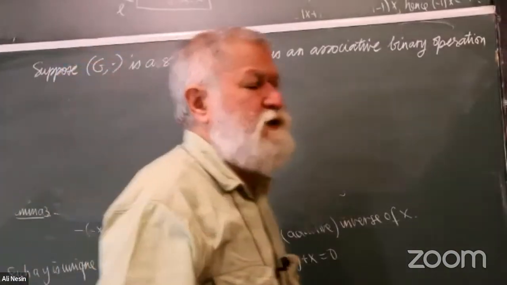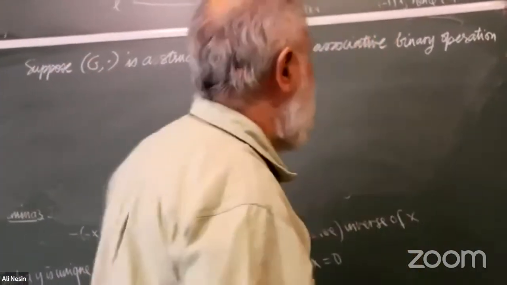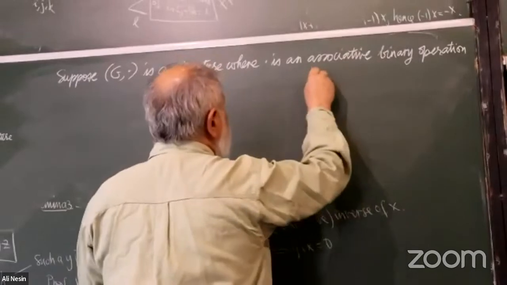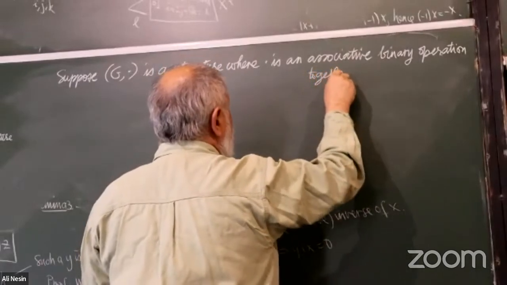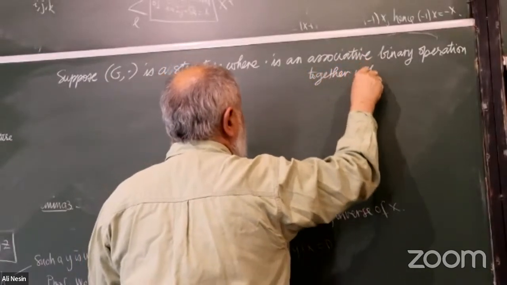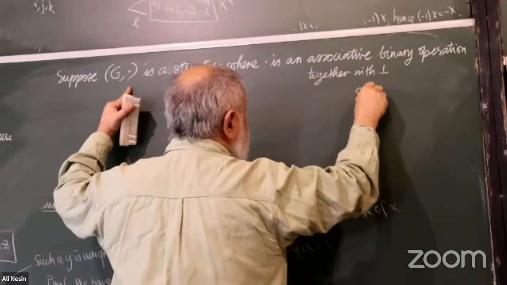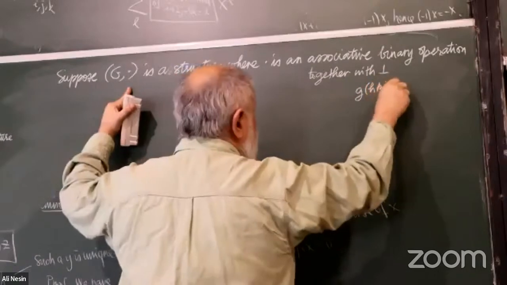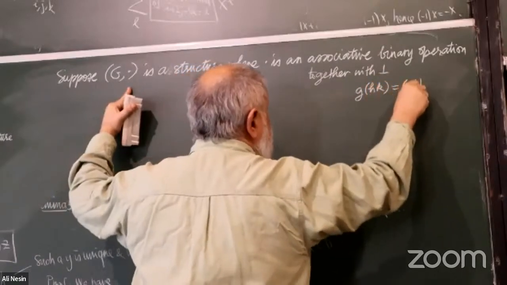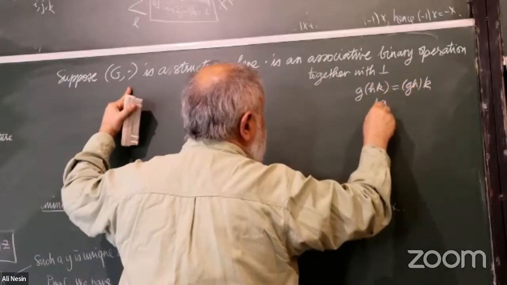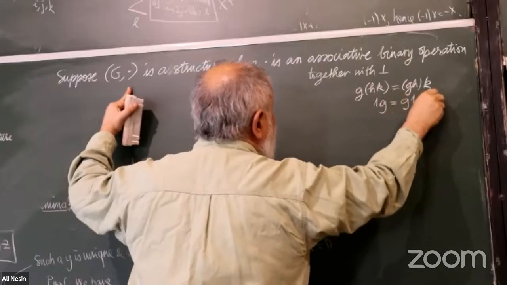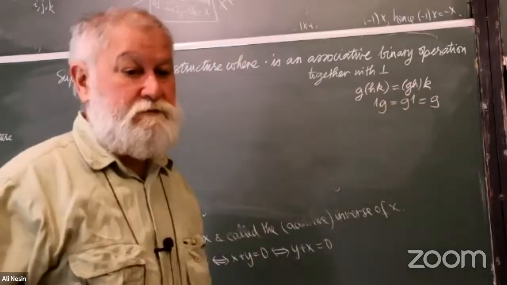Well, do I need one? Well, maybe. Let's take it together with one. In other words, I have g times hk is equal to gh times k, and 1 times g and g times 1 is equal to g. I don't even need inverses.